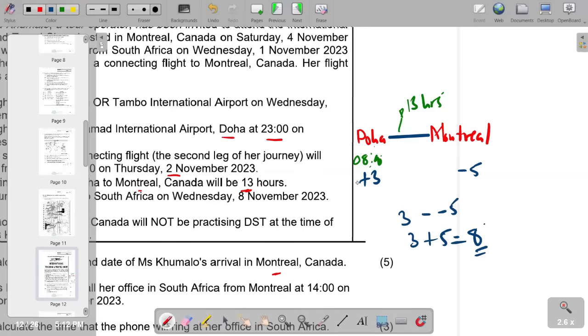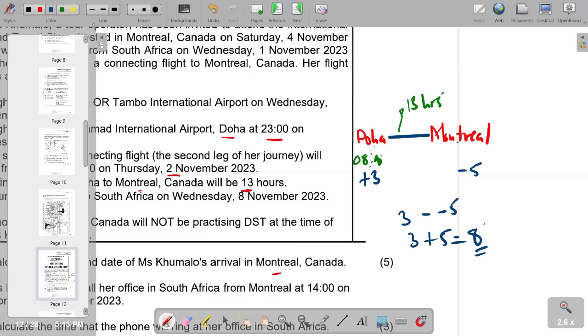So it means if it's 0800 in Doha, which is 8 a.m., we are going to subtract 8 hours because Doha is ahead and Montreal is behind. So if Montreal is behind, we subtract the 8 hours from 0800 hours to get the time in Montreal, or the departure time in Doha equivalent to Montreal.